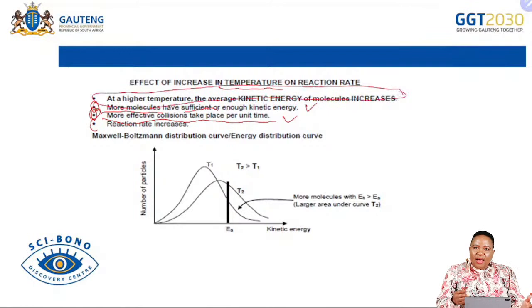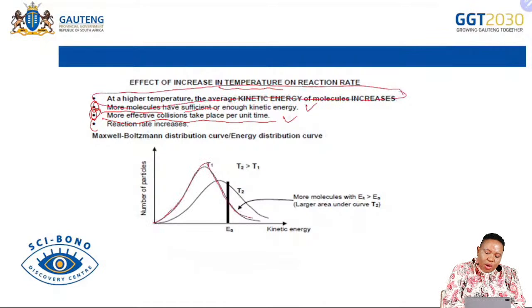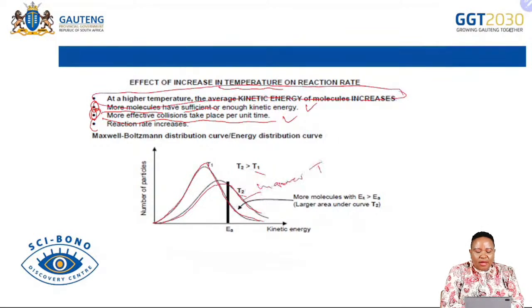So temperature, it does what? It increases the average kinetic energy of particles. And I just reminded you of the Maxwell-Boltzmann curve, or Maxwell distribution curve. When you look at curve T1, that is where we are having a lower temperature. However, curve T2, so it's T1 and T2, this one is where we are having a higher temperature.